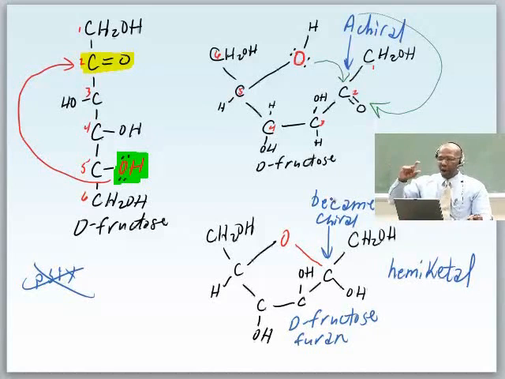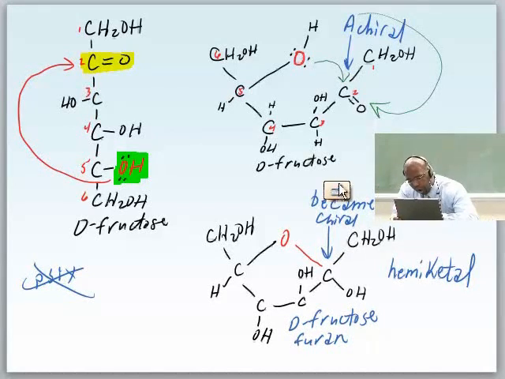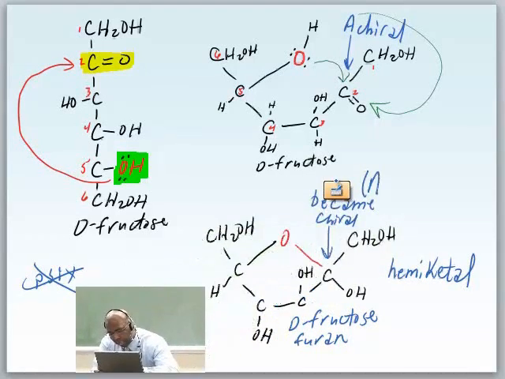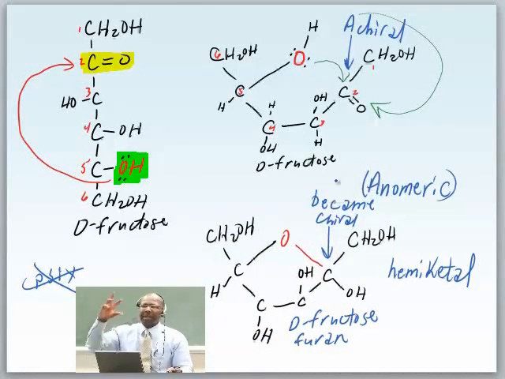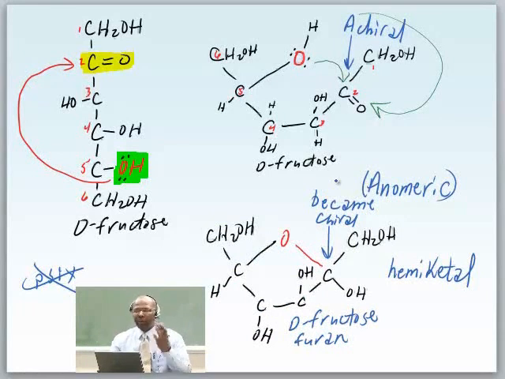And we give a special name to that carbon because it can change from achirality to chirality. We call this carbon the anomeric carbon. That one carbon, the one that has the carbonyl on it, is called the anomeric carbon because it went from being achiral to becoming chiral.